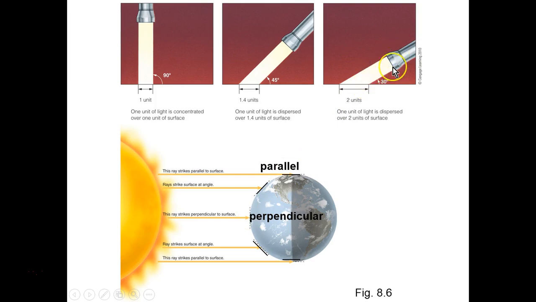And up here, where you're shining it at an angle, that would be like what you're experiencing up towards the poles. Okay, so as you go farther away from the equator, basically the angle is causing it to spread out over a greater area, which means that any given spot within that area is going to get less solar radiation than a given spot within the area around the equator.